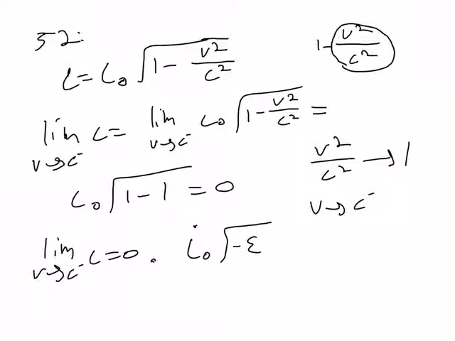But then we'll be in the complex field, meaning this won't be a real value, and so we will be dealing with imaginary numbers. So maybe that's why V has to be less than C, or has to be approaching from the left.